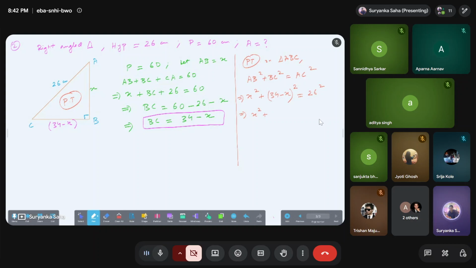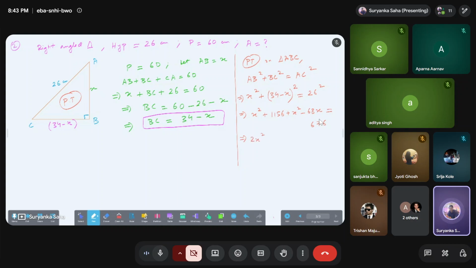Plus x square, and minus 2ab, that is 34 into 2 into x, so 68x, equal to 26 square, which is 676. So it will become 2x square, and then you bring 676 to the left side. Let me see what happens.